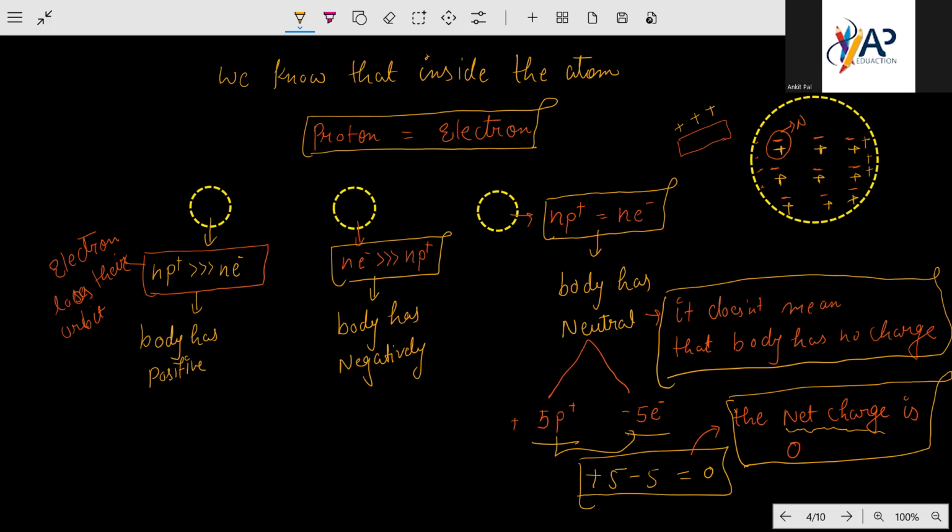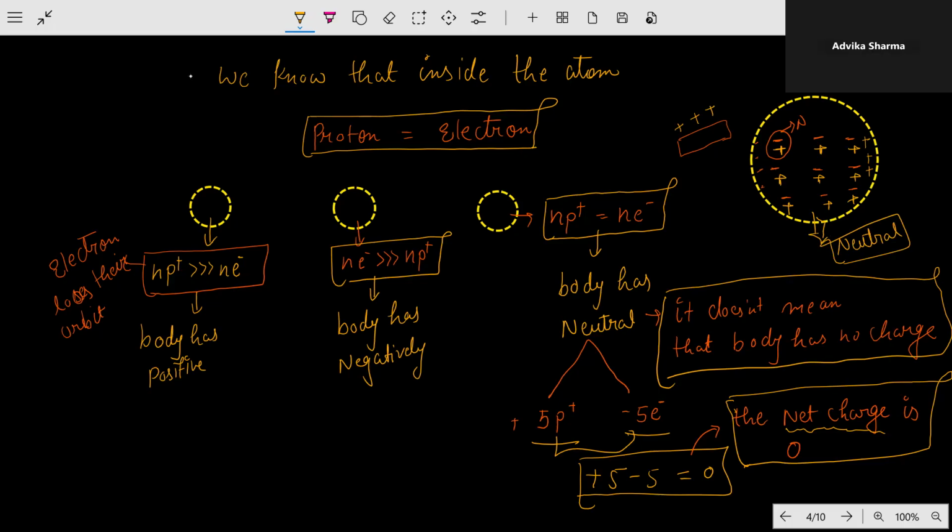Net charge zero means that if numerically the value is zero, then we say the body is neutrally charged, or neutral. Do you understand? Is there any doubt? You can ask. No, no. Very good.